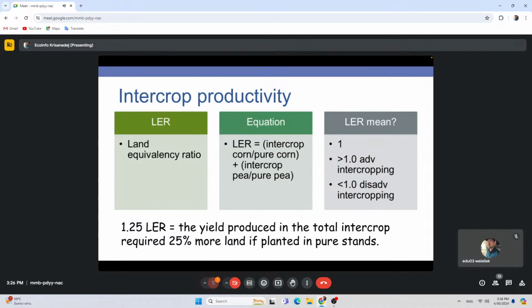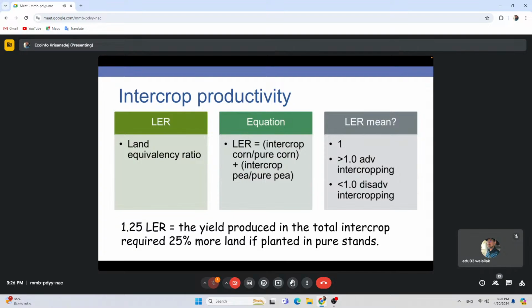The LER means land equivalency ratio. The way you calculate it, this comes from intercrop corn divided by pure corn. Let's say if you plant pure corn, how much corn will you get per acre? And then the researcher has to do the corn that is gotten from intercropping, okay?